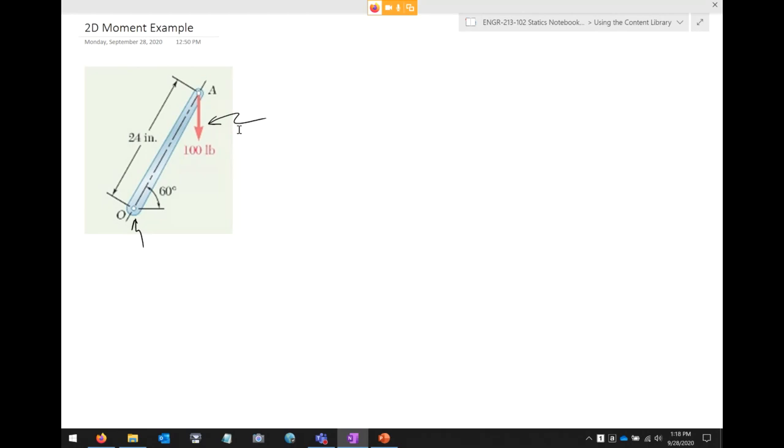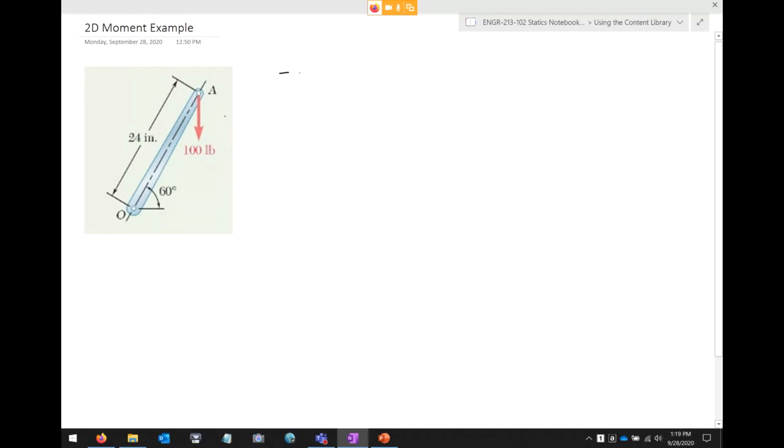Clockwise, exactly right. So if this is going to be a clockwise moment, then our answer better be negative if we use the formulas, because counterclockwise moments are considered positive, so clockwise moments are going to be considered negative. So we better get the proper sign for our answer at the end.